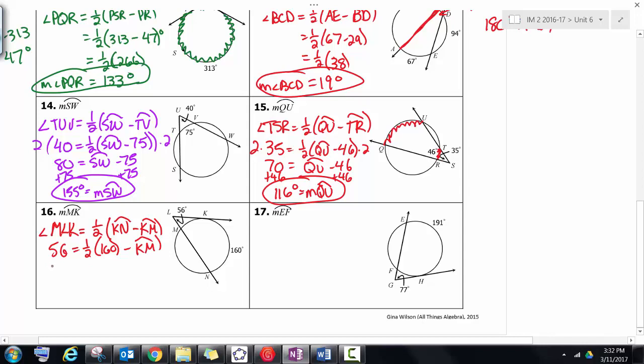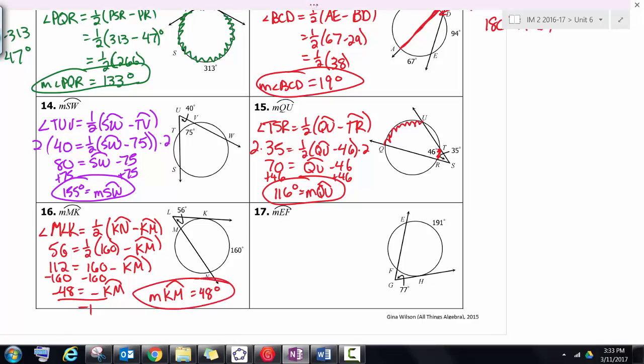Again, we multiply by 2. We have to subtract 160. Just going to double check my calculations. So I get negative 48 equals negative KM. Well, we divide by negative 1, and the measure of arc KM is 48 degrees.